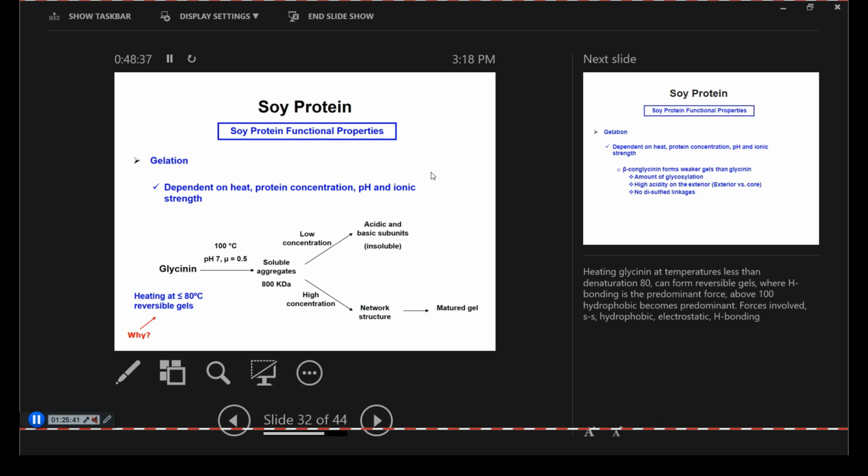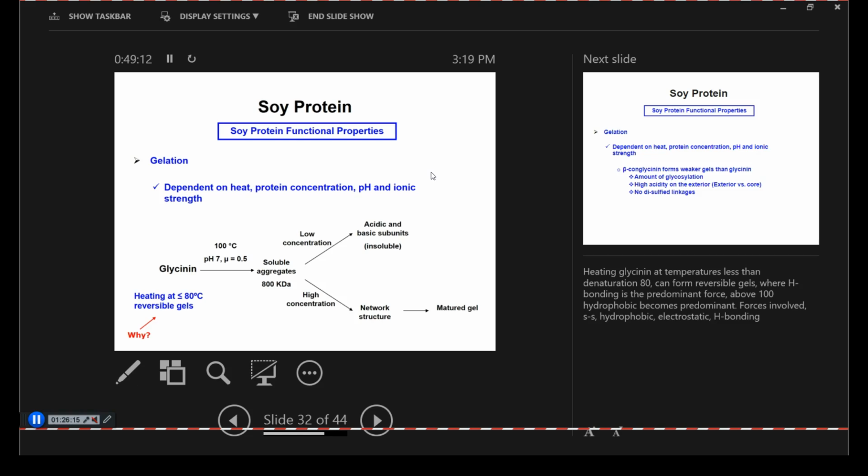It denatures around 90 to 92 degrees C. So the interaction is mostly governed by hydrophobic interactions, basically. It's not governed by unfolding and forming disulfide linkages. Whatever hydrophobicity you have on the surface is governing the formation of the gel. Remove the heat, hydrophobic interactions are weakened, so it is a reversible gel.